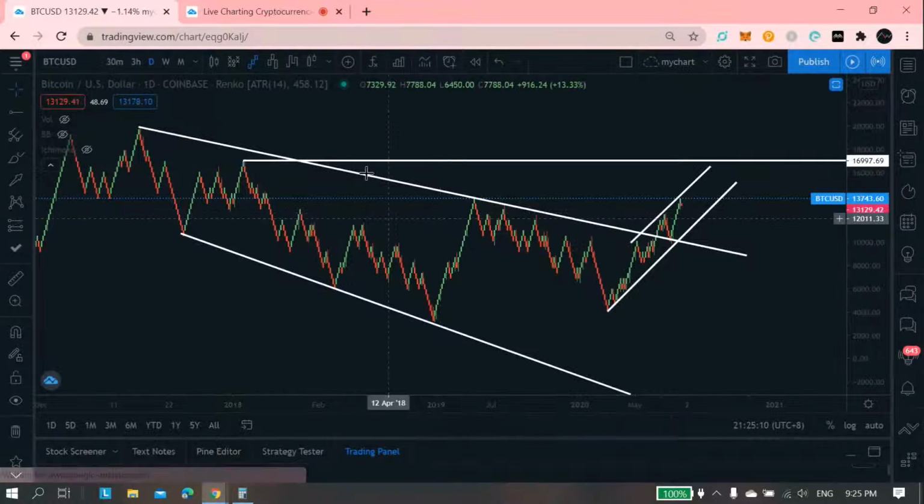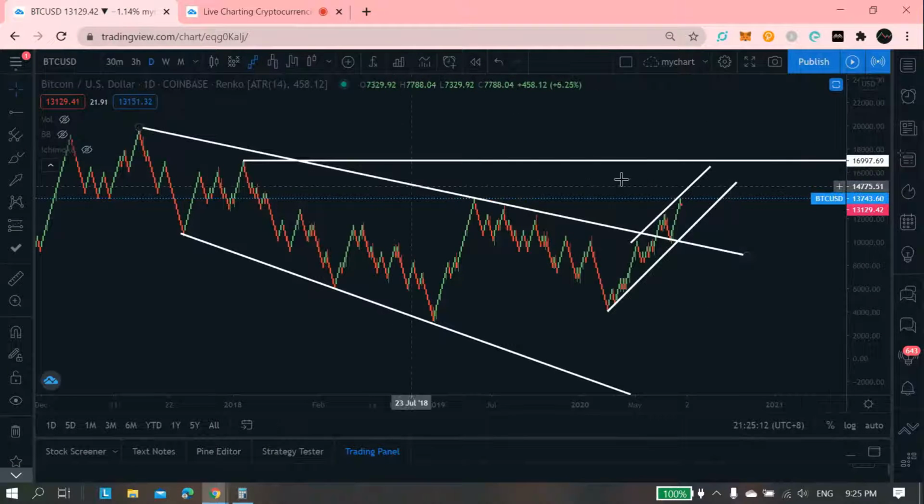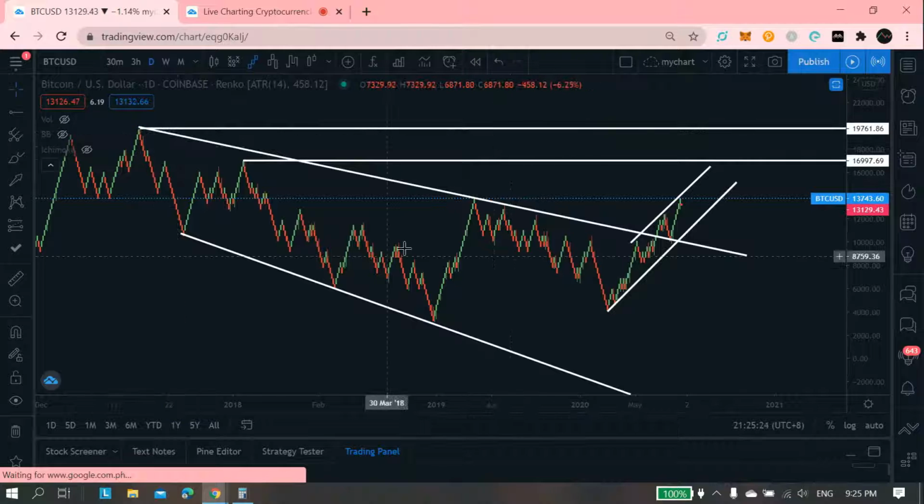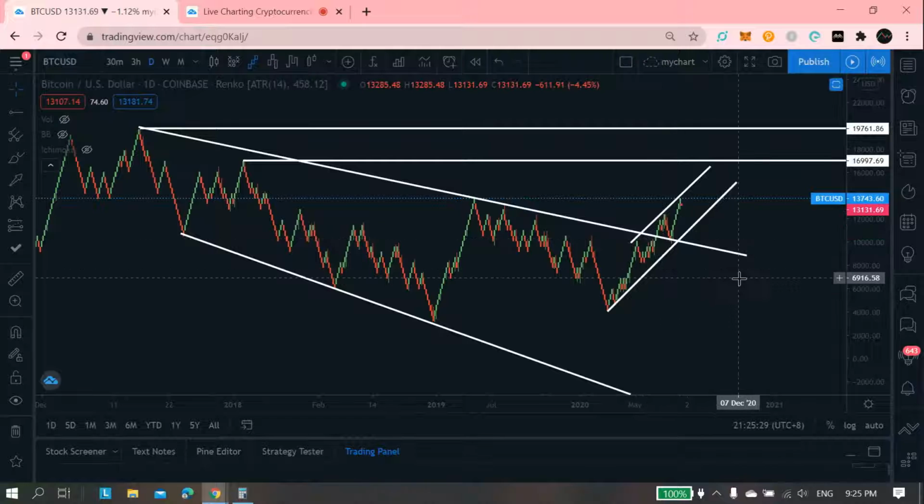But using this Renko chart, we can see at least around 17,000 as the next possible resistance if it breaks this area, and then the all-time high. There's a similarity with the candlesticks, just a few dollars difference. For me, this one has much less noise and can be easily understood, in my opinion, as a trader.